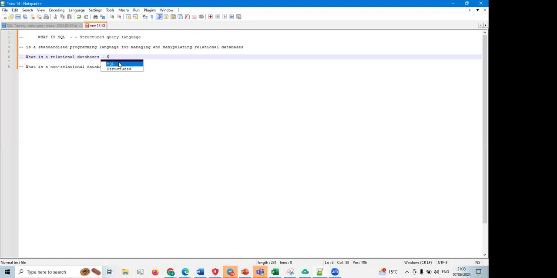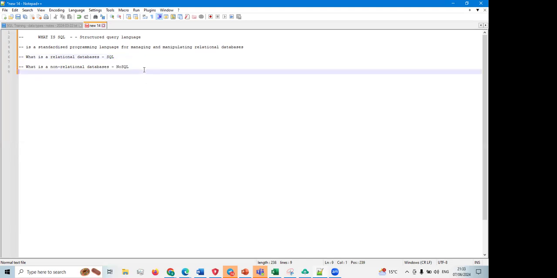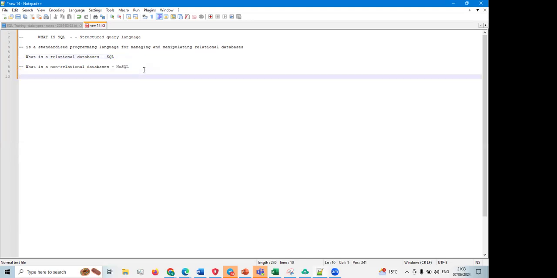They are manipulated, queried and managed using a language called SQL. Now, to be able to manage and manipulate relational databases, you need the database in a system called, who can give us the full meaning of this? DBMS?